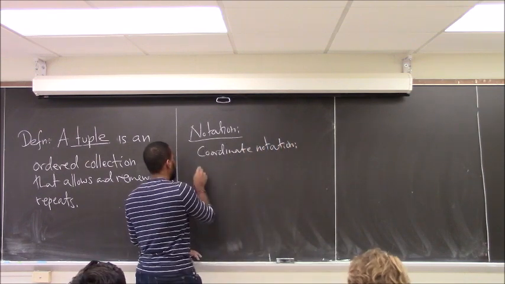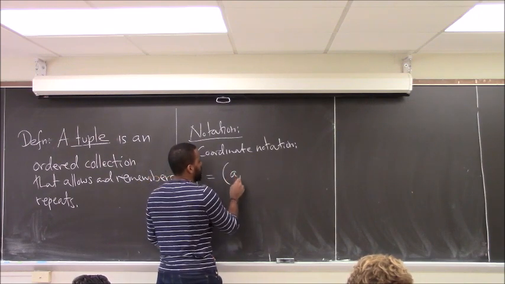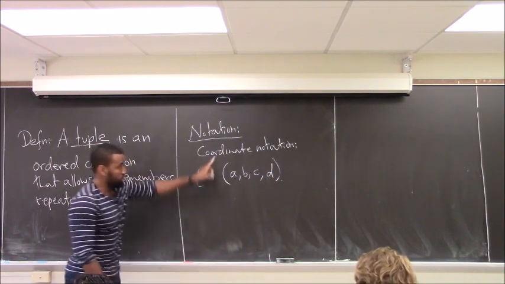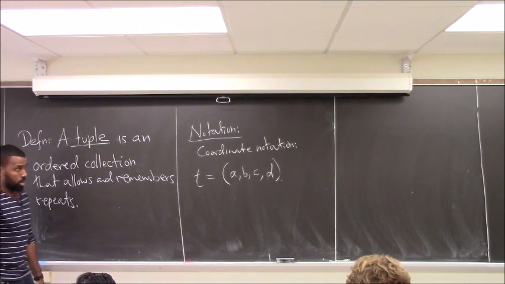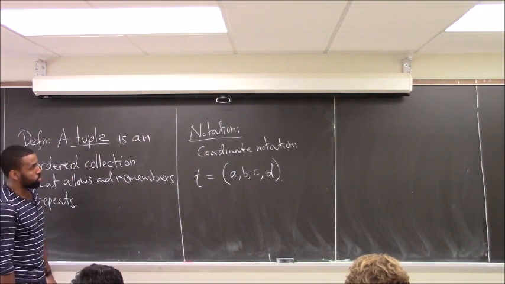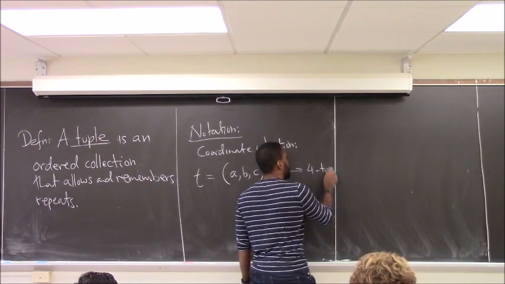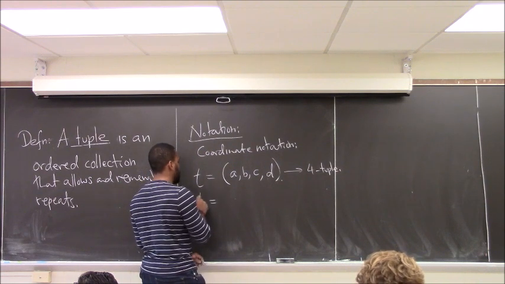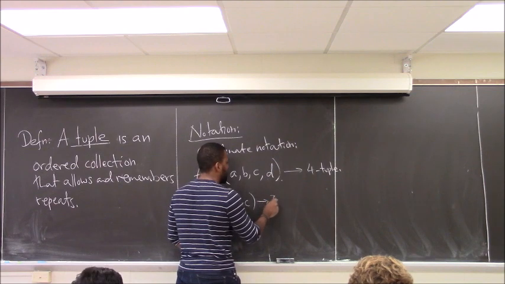That means I can call T a tuple, and it could look something like A, B, C, D, right? And I don't write squiggly brackets, I write round parentheses. Now, this is a tuple, in fact it's called a 4-tuple, or a quadruple. I can also talk about another thing, T, called A, B, C. This is a 3-tuple.